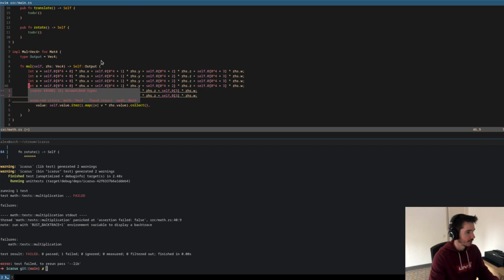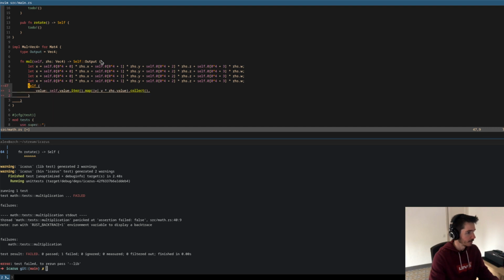X, Y, Z, W, get rid of those. Y, Z, and W. And this one should be 1 for all of them. I'm going to hard code it for now, but you can imagine that you can write this in a loop, no?